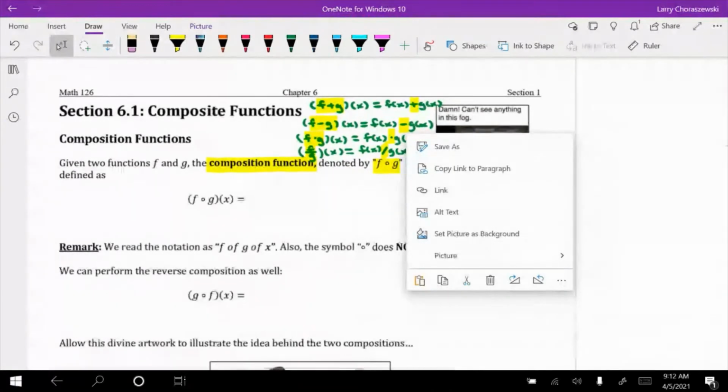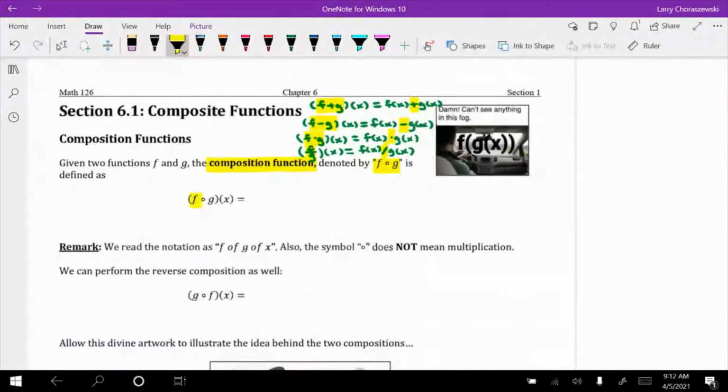F circle g is kind of like a starting notation as well. We're seeing it right here where it's f circle g of x. And this can be rewritten as f, and in the parentheses of f goes the function notation for g. And what this notation is basically telling us to do is it wants us to take the function g of x and plug it into the function f of x. Okay, so this is notation for plug g of x into f of x.